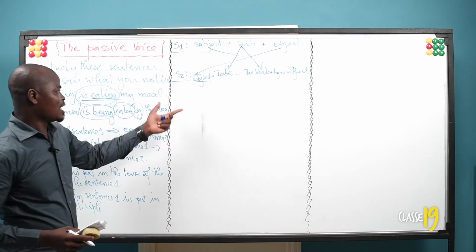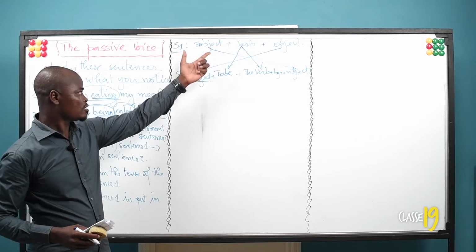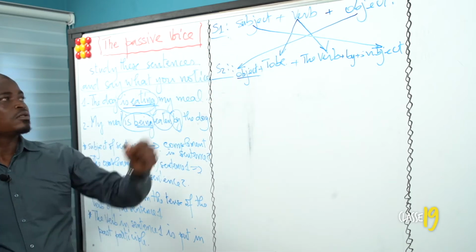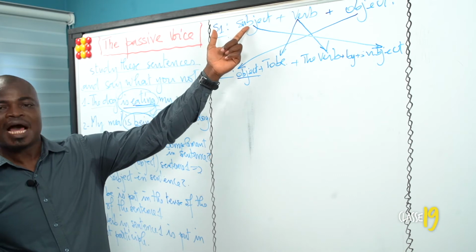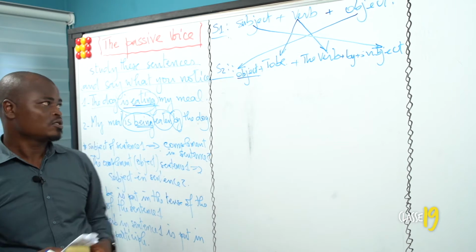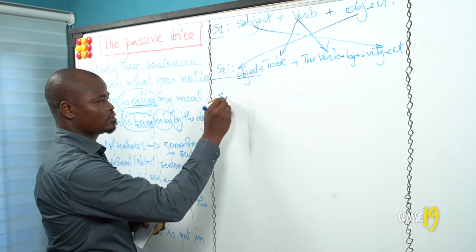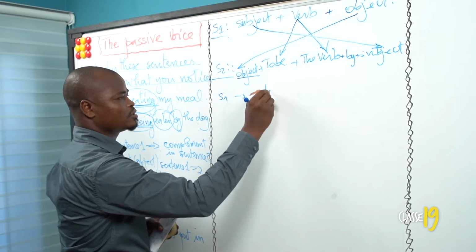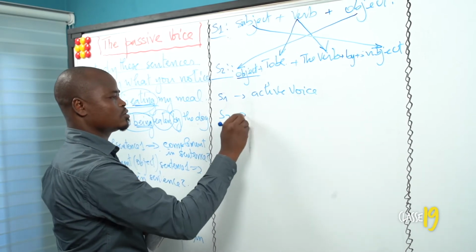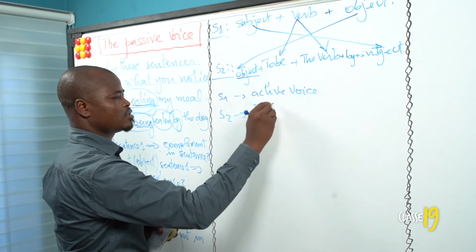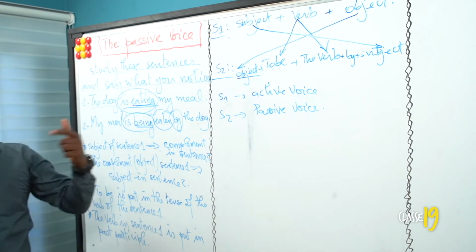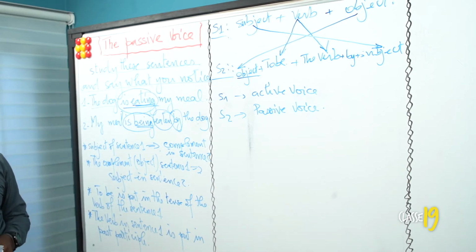Good. Now, here is the representation of the two sentences. This sentence is the active voice, and this sentence is the passive voice. So, sentence 1, active voice. Sentence 2, passive voice.